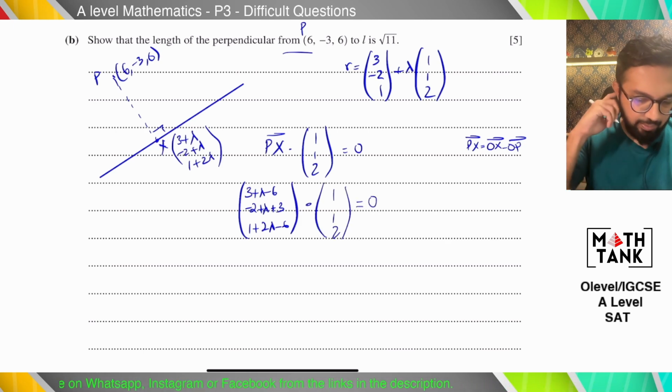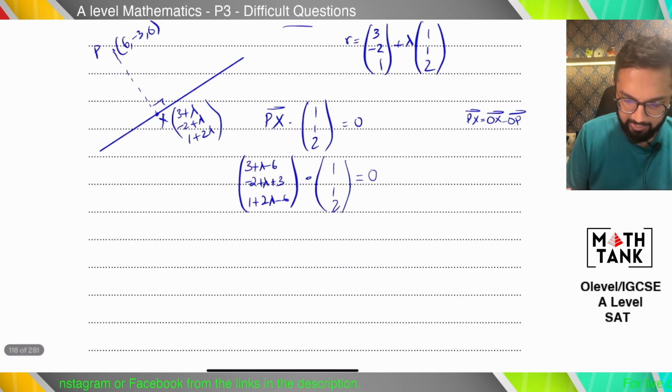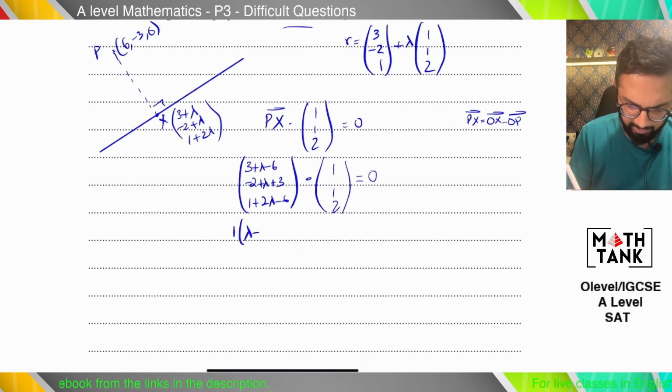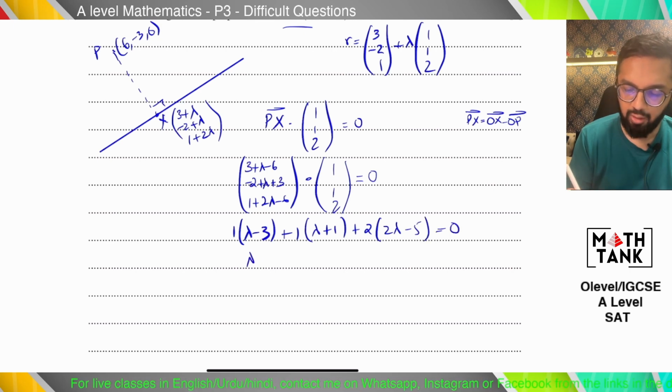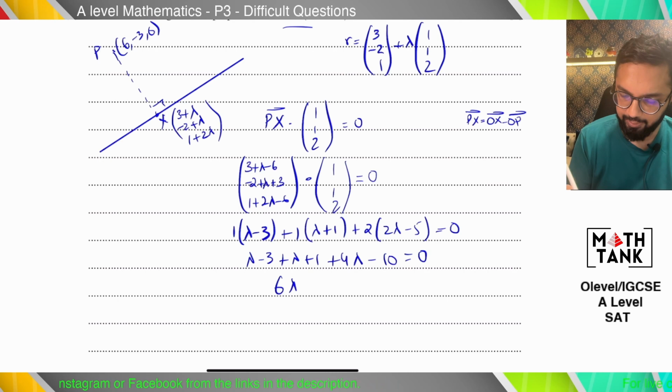Okay, this becomes lambda minus 3, multiplied with 1, lambda minus 3, again multiplied with 1, this gives me lambda plus 1, and multiplied with 2, it gives me 2 lambda minus 5. So lambda minus 3, lambda plus 1 plus 4 lambda minus 10 equals 0. So that gives me 6 lambda and 12. Lambda should equal 2.